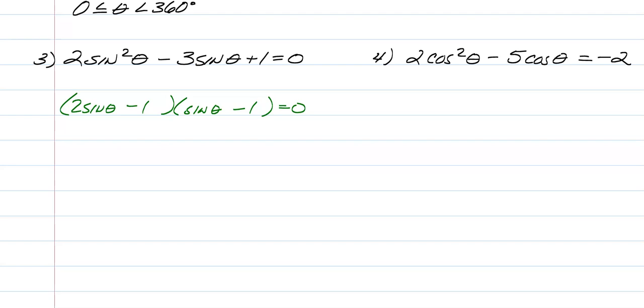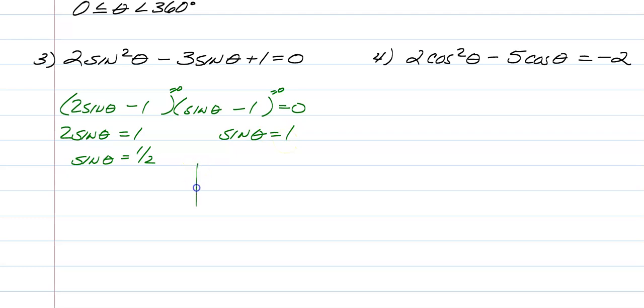Set each one of those equal to 0 and then solve. So that's going to give us over here 2 sine theta is equal to 1, so sine theta is equal to 1/2. I just skipped the equal to 0 part. This one we're going to add 1, so we're going to have sine theta is equal to 1.